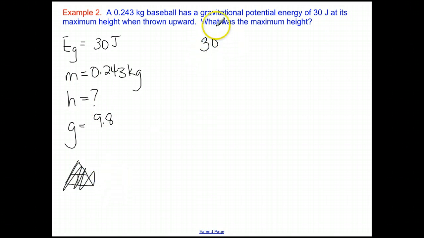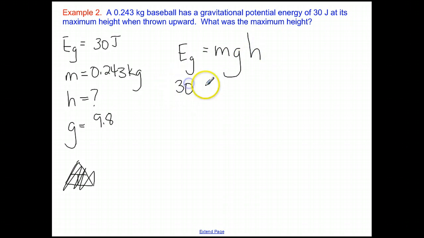So we plug our numbers in. Actually, I'll start right from the beginning. We're going to plug our numbers in to this formula where they belong. And so we have 30 over here. We have 0.243 times 9.8 times height.